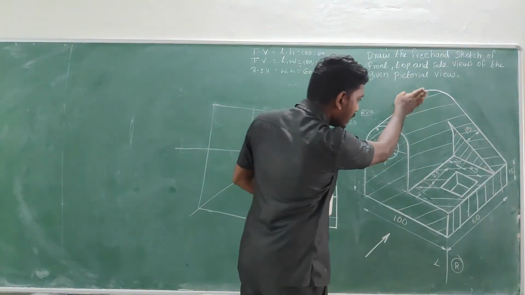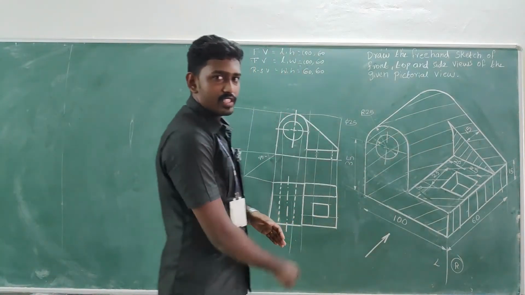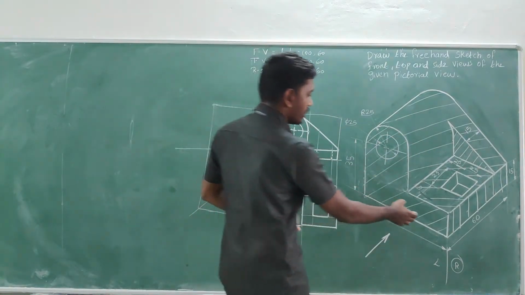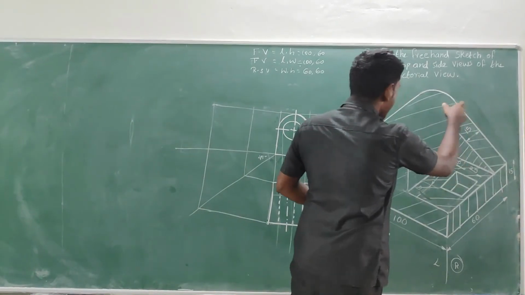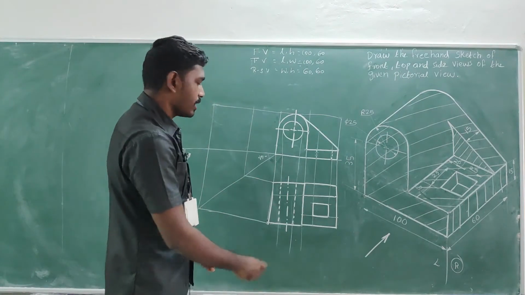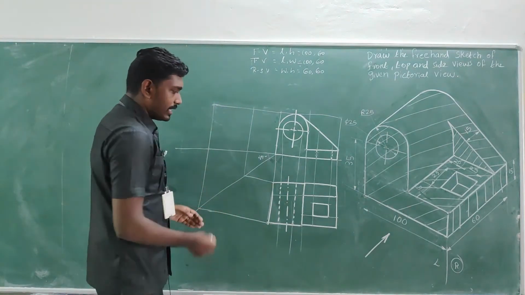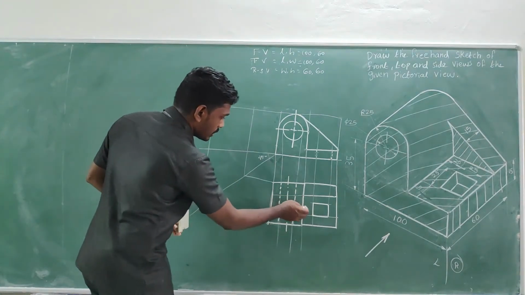In the same manner, this cylindrical object face will be visible to you. There are three regions: the base, next the vertical wall top face, next this cylindrical face will be visible, right? So take all the measurements from the top view with the help of the projectors.